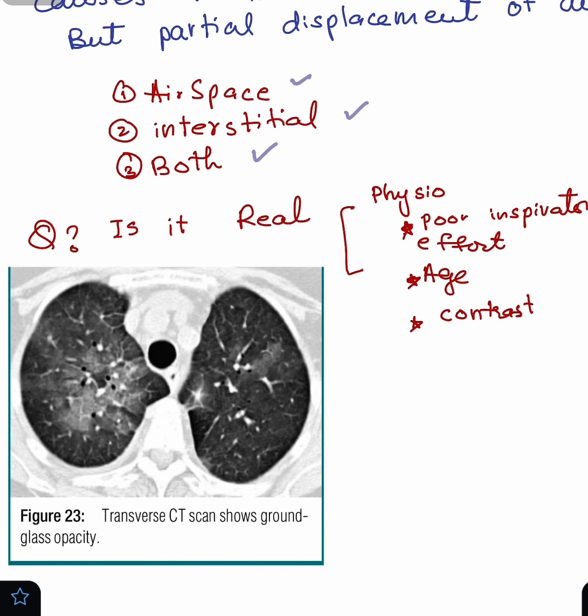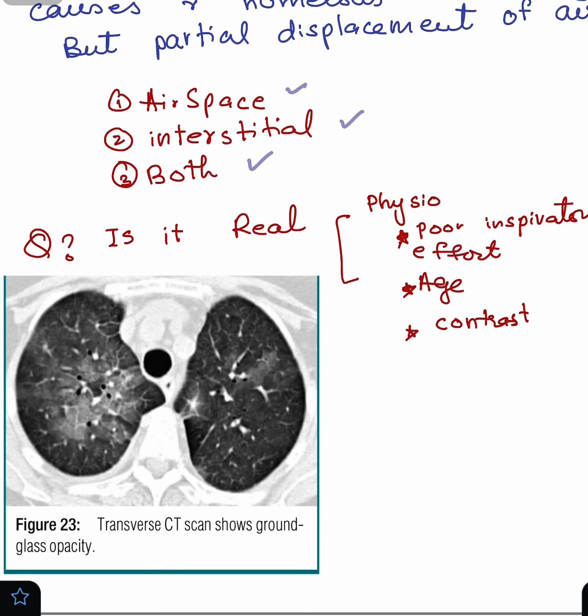So first of all, whenever you find any ground glass, as you can see here, an area of increased attenuation, you need to find out whether this is real, or it could be physiological, like the patient having a poor inspiratory effort due to age, or in an IV contrast CT scan.